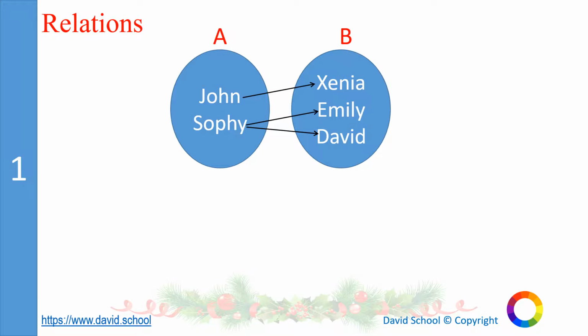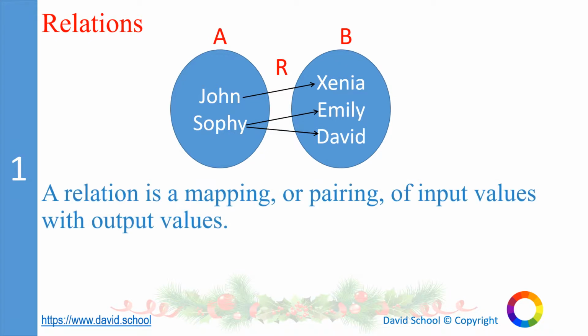A relation is a mapping or pairing of input values with output values. The set of input values is the domain, and the set of output values is the range. Here there is a relation. That's why we are writing R in between the two sets.